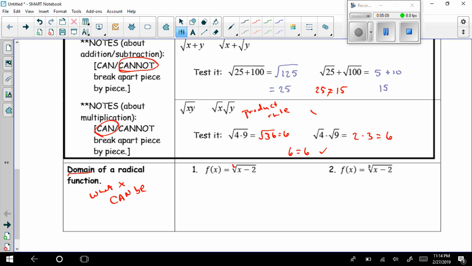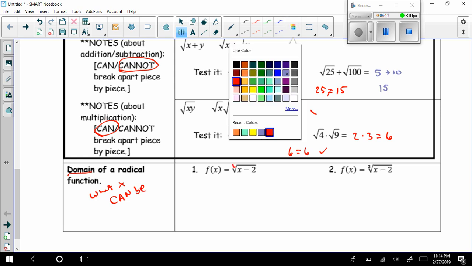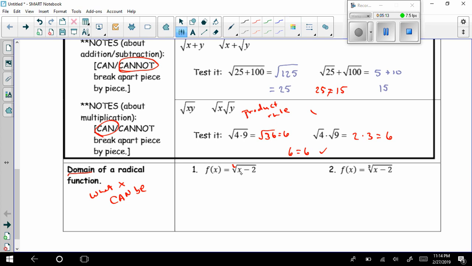All right, so remember your domain is a list of what x can be. So here you have that 2 as your index, which is an even number, which means that you can't have a negative underneath your radical.